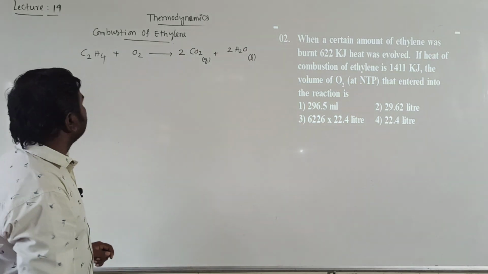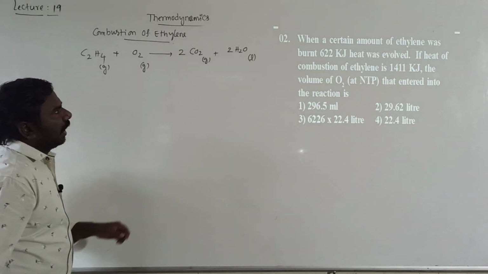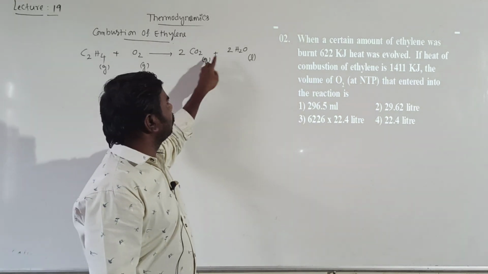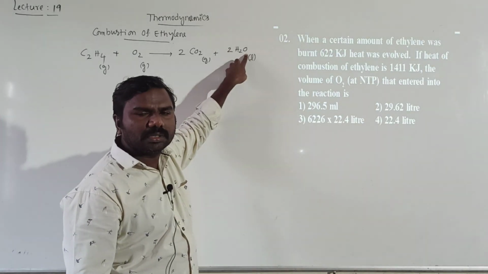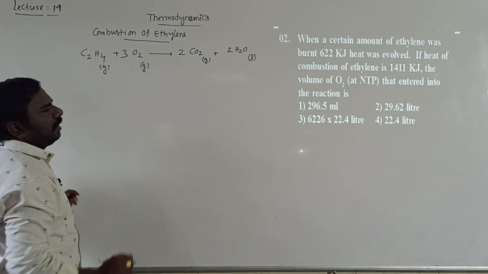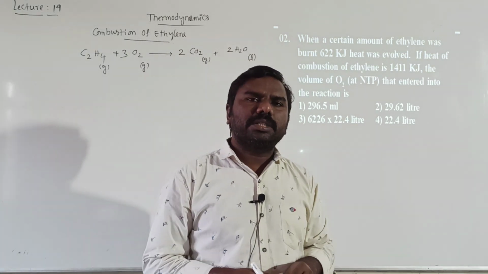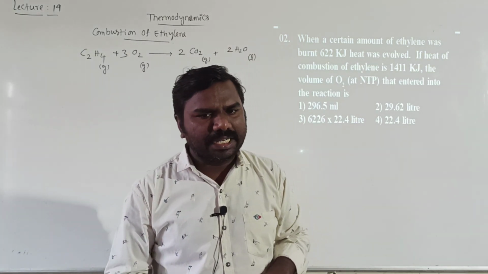Getting, students? Then 2 2s 4 oxygens, plus 2 1s 2 oxygens, 4 plus 2 total is 6, 6 means 3 O2. This is the balanced combustion reaction for ethylene, right?